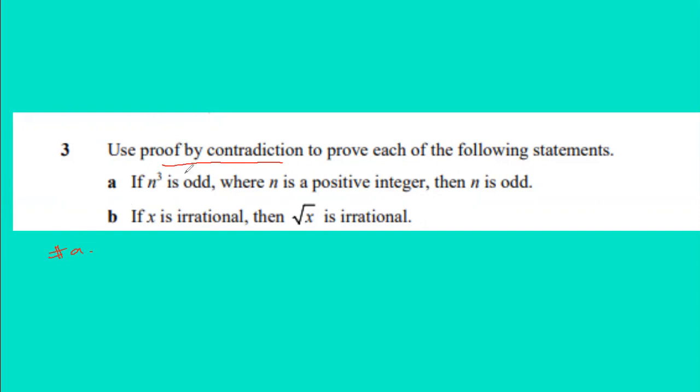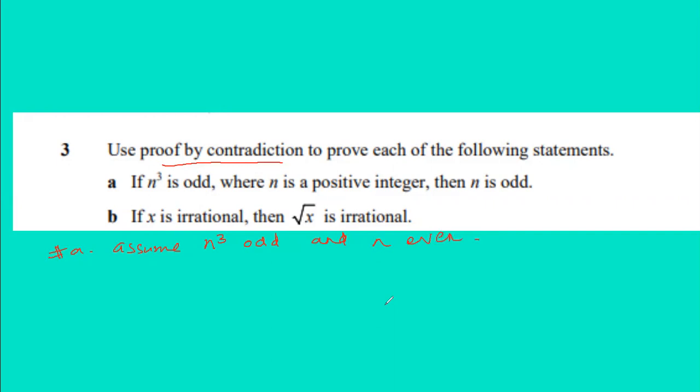So you need to first write down your statement, your contradiction statement, which is assume that n cubed is odd, but n is even.